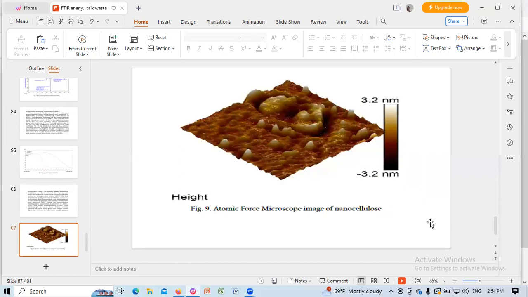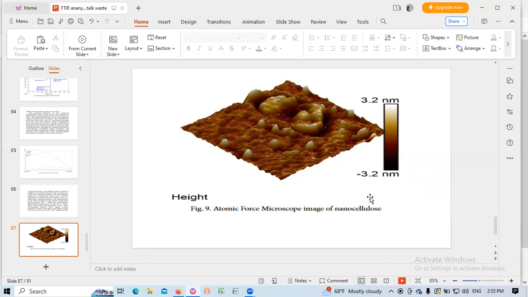This is the atomic force microscope image in 3D. Atomic force microscope studies the morphological and topographical structure.